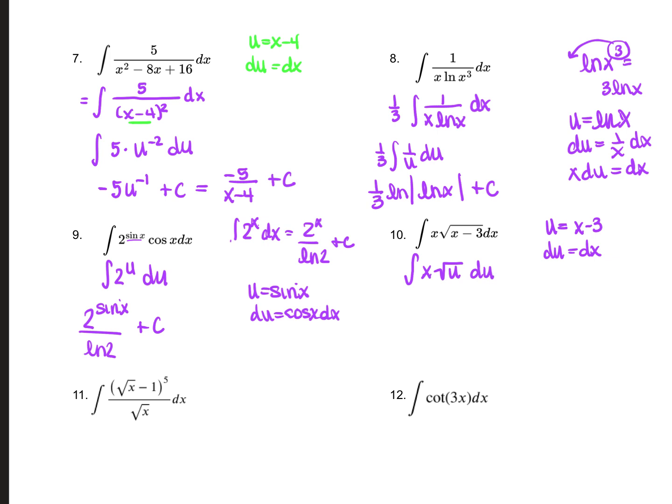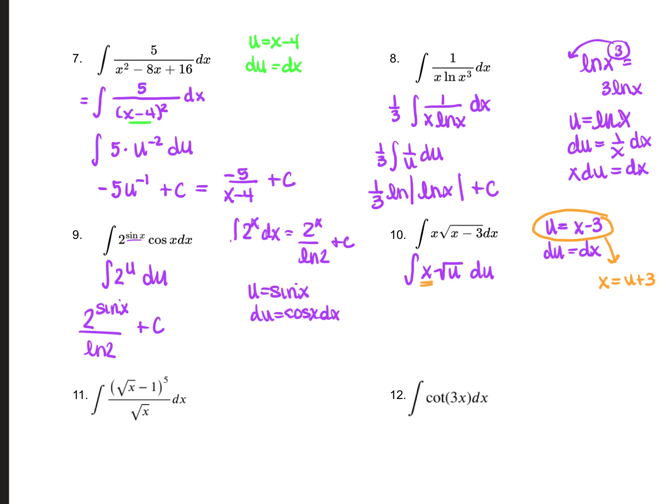So immediately this should make you a little nervous. You can't have x's and u's. That x didn't cancel. And a lot of times when we do a u substitution, we're looking for the derivative to cancel. That didn't happen here. But we can notice here that if I go back to my original substitution, we know that x is the same thing as u plus 3. So that can go right here.